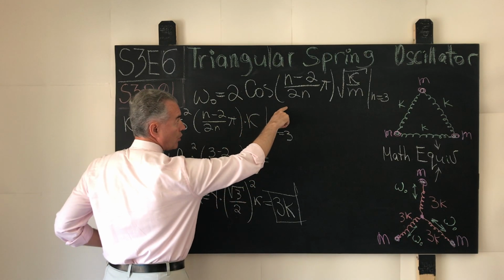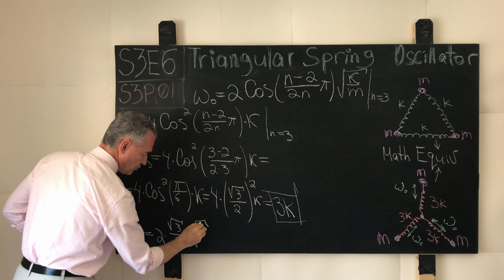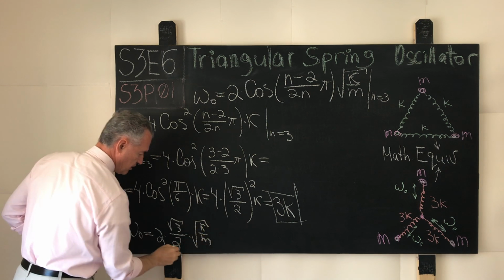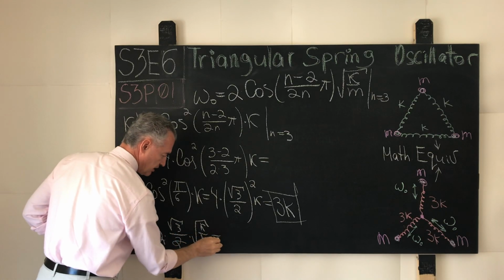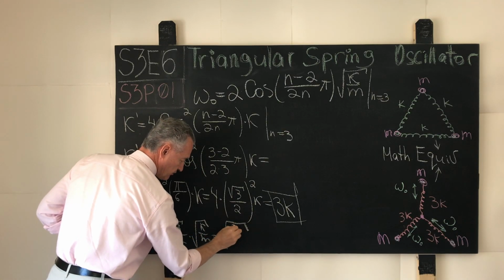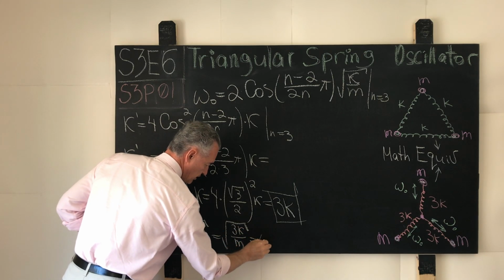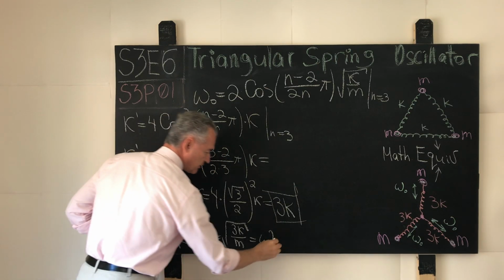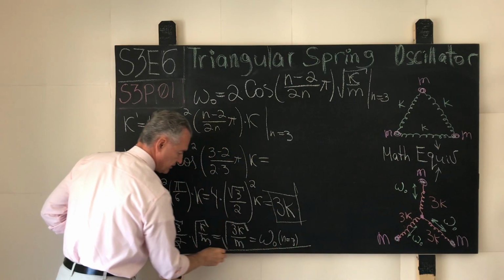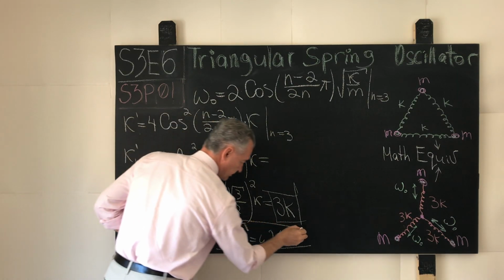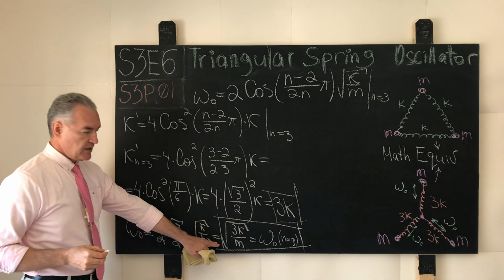Well, this is the cosine of pi over 6 times square root of k over m. 2 and 2 cancel each other out. Square root of 3 can be moved in. And here we have it: square root of 3k over m is the cyclic frequency omega 0 when n is equal to 3. This is technically the answer that we were shooting for.